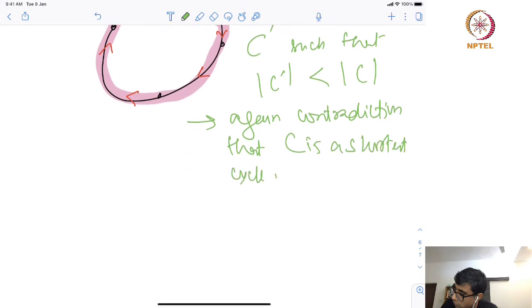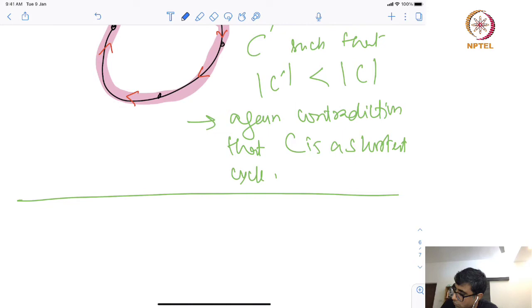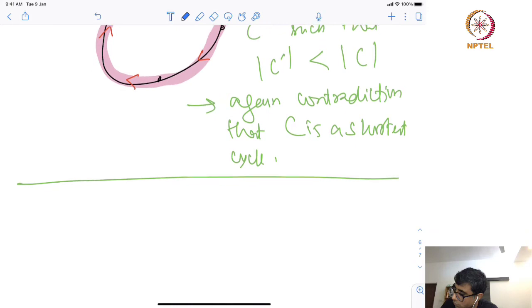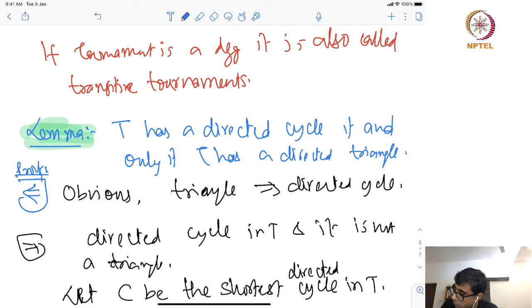So we have been able to show the following lemma: T has a directed cycle if and only if T has a directed triangle.